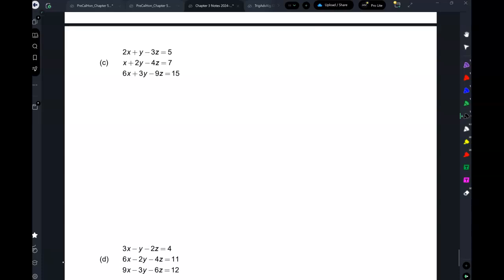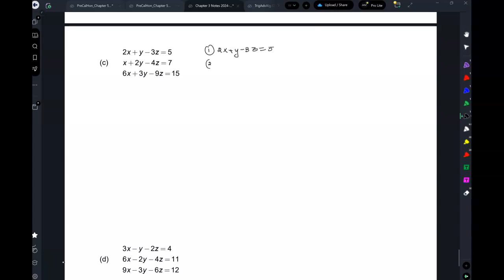Okay. All right, so let's do this one. So what should we get rid of? The x's? You could do either. Let's do x. So we're going to take the first one: 2x plus y minus 3z is equal to 5.